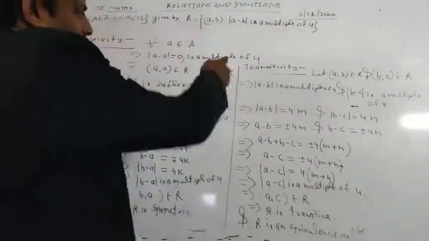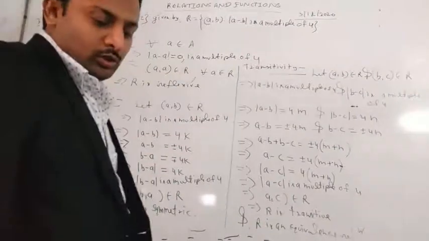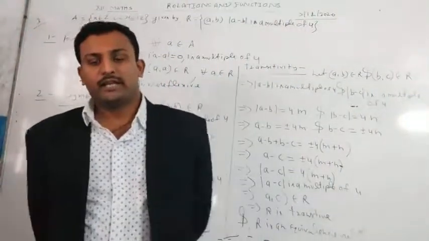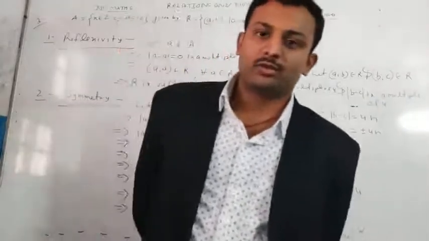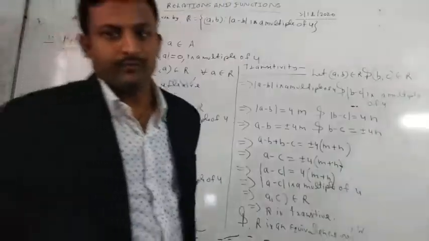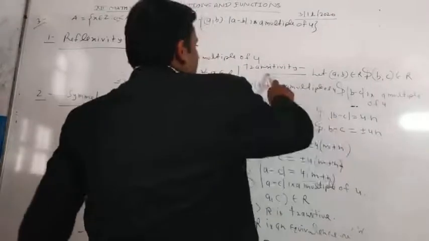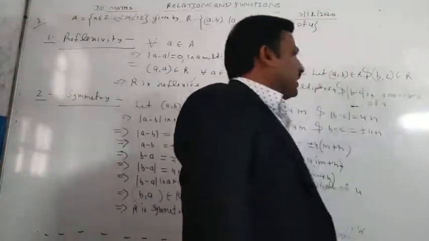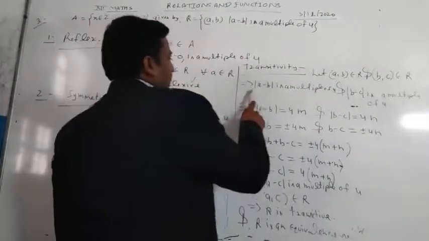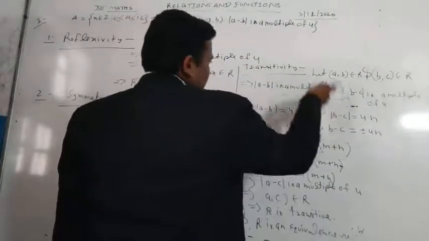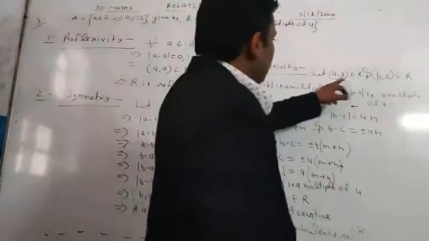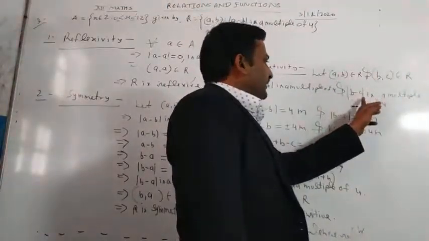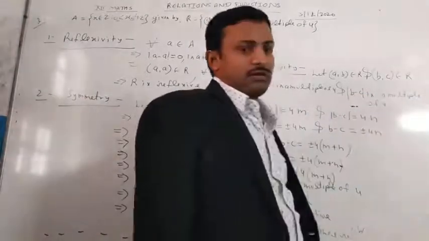Now we have to show transitivity. You know that for proving transitivity, we always take two elements, (A, B) belongs to R and (B, C) belongs to R, and show that (A, C) belongs to R. So let (A, B) belong to R and (B, C) belong to R. This implies modulus of A minus B is a multiple of 4, and modulus of B minus C is a multiple of 4.